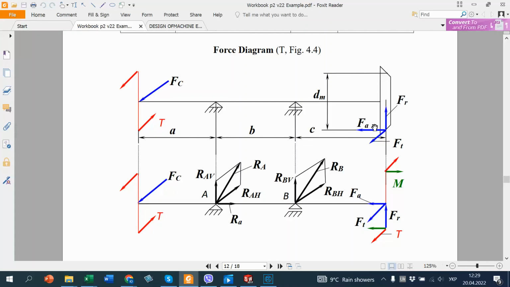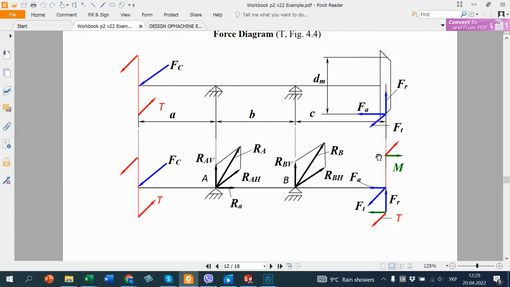FA acts on a dm diameter, and if we move FA to this axis, we'll create a bending moment. So in the vertical plane, I repeat that vertical is a plane where axial and radial force act.